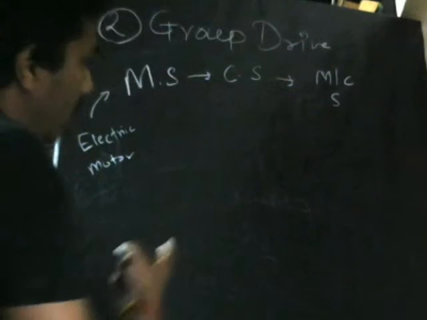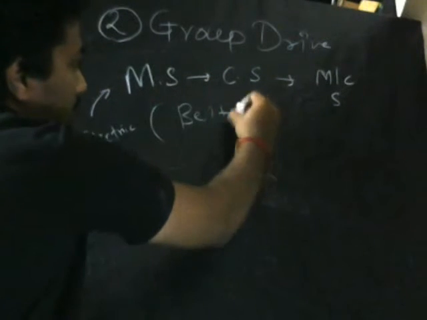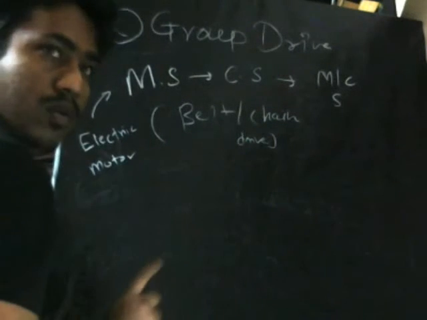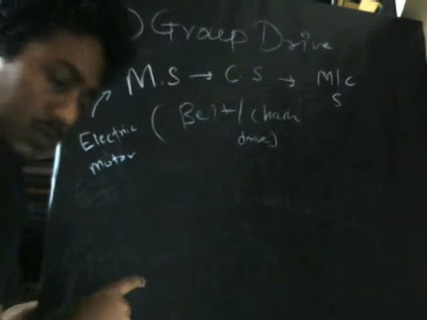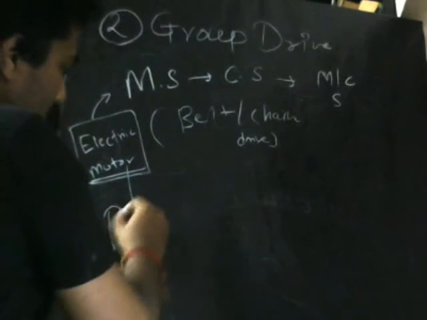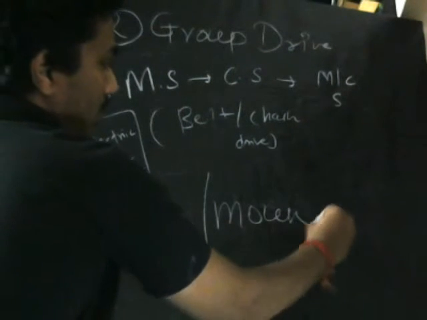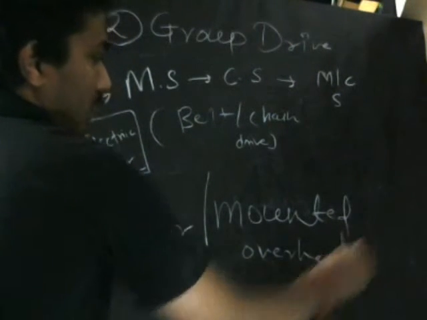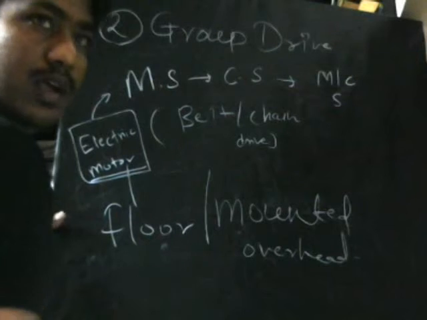And for transmitting power we use belt or chain drive. Now, where will this electric motor be mounted? We mount it on the floor or mounted overhead, where the space is available.